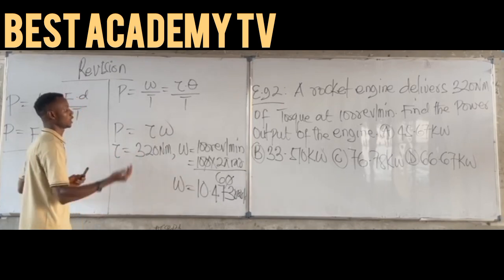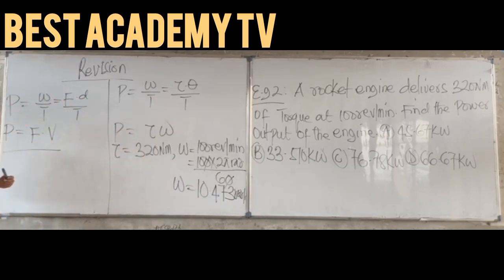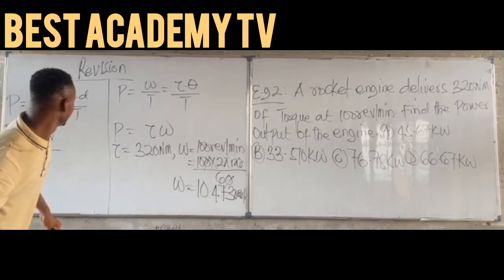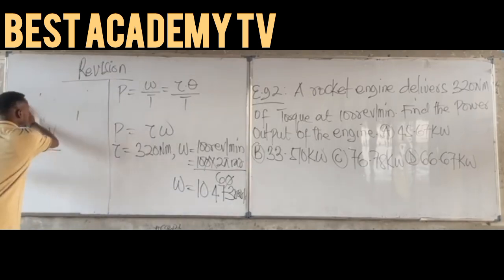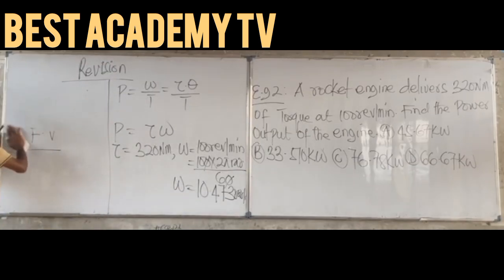So we can easily calculate our power here. That is the power output. So let's calculate the power output. P will be equal to torque times omega.